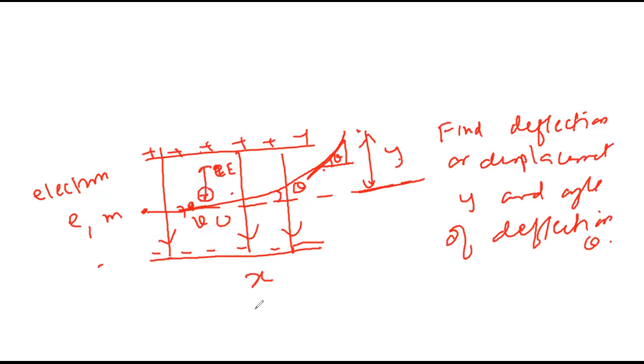Draw this diagram, then we'll see how to get the y value and theta value. They can ask such questions on moving charge. Actually speaking, whenever there is a curve, then it is projectile motion. So electron e having mass m is moving with velocity v0, enters the electric field as shown, and gets deflected upward. What is the deflection y and angle of deflection theta?